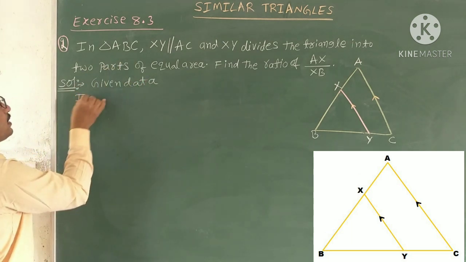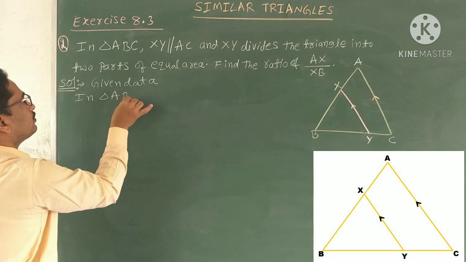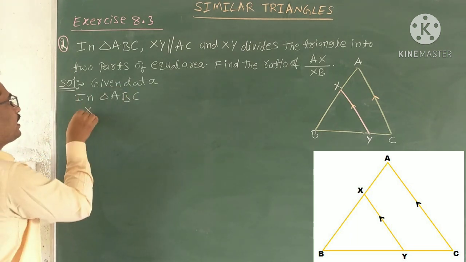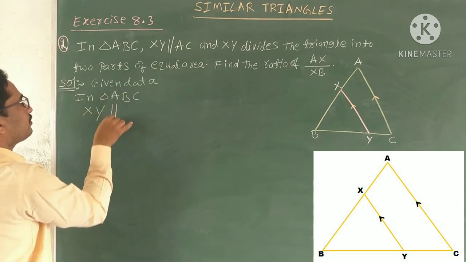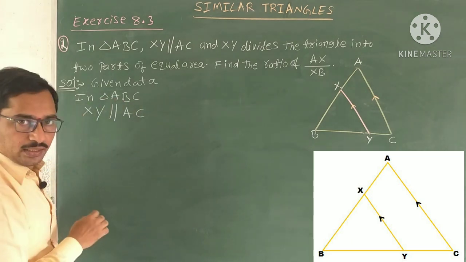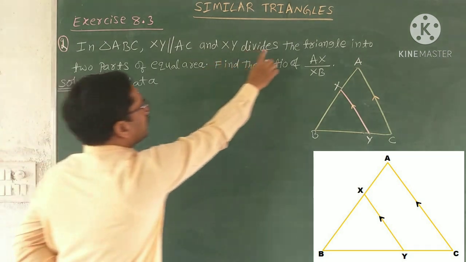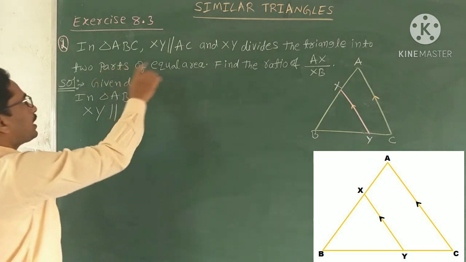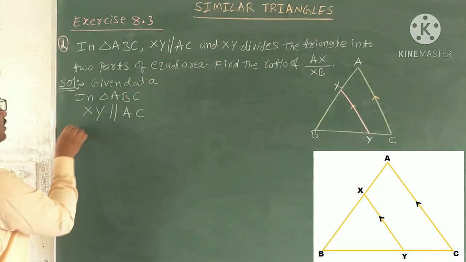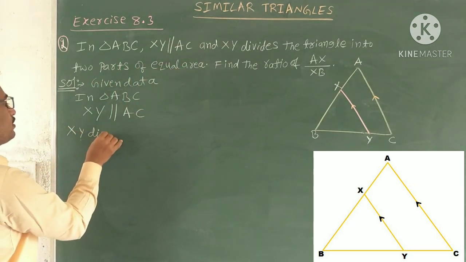In triangle ABC, XY is parallel to AC, and XY divides the triangle into two parts of equal area.